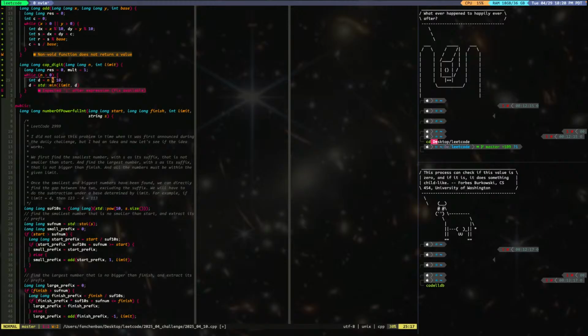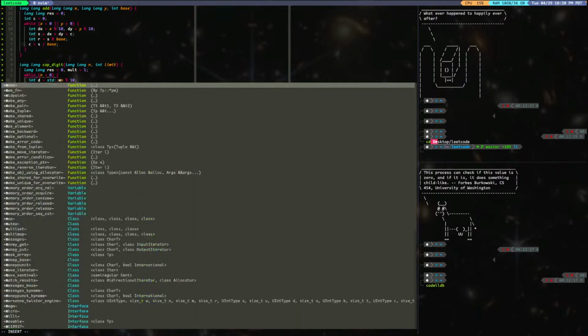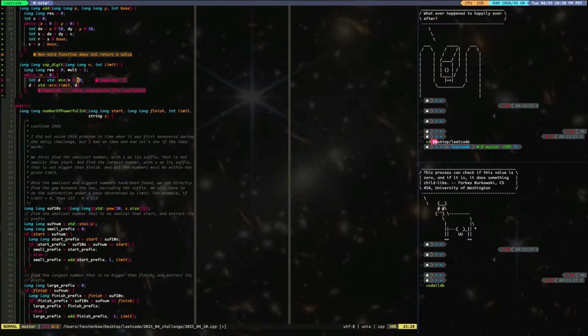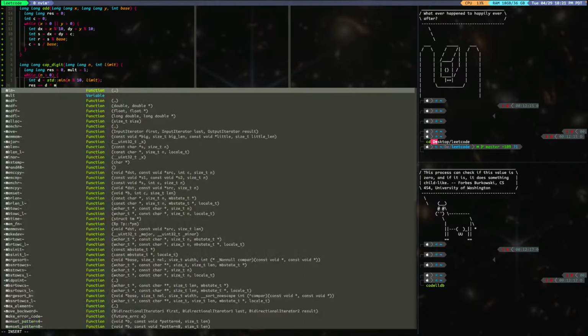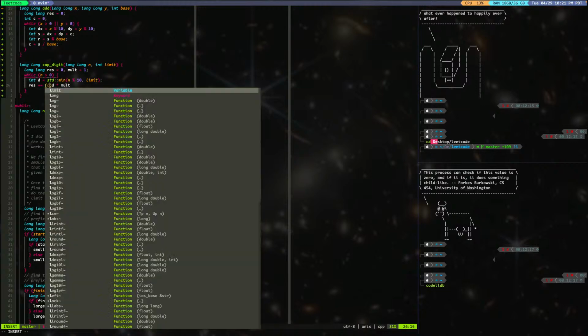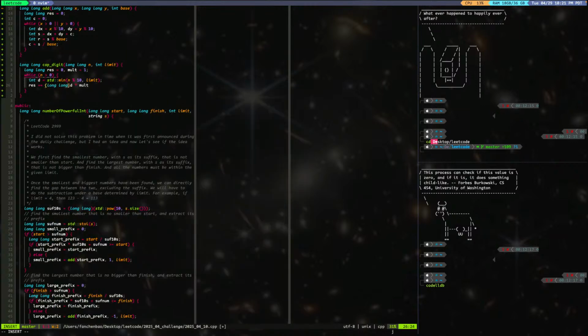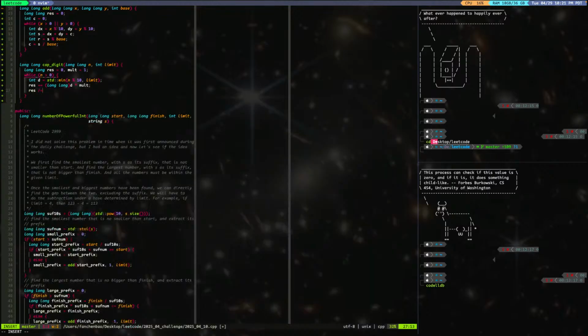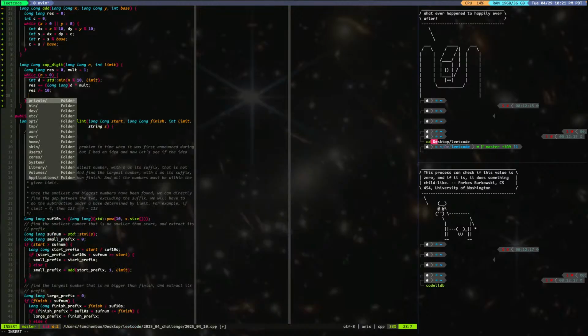Why don't we do it right here? Std minimum of this and limit, right? That's a digit, and then res plus equal to d times multiplier. Of course, I'm going to change to long, right? Change the multiplier, and then res divided equal to 10, and the multiplier times equal to 10.